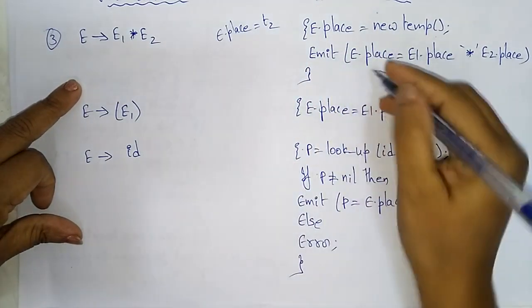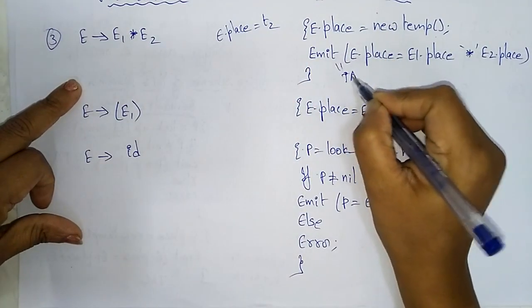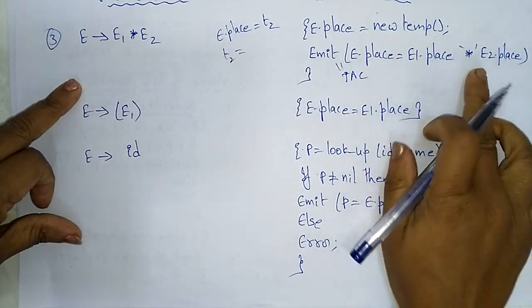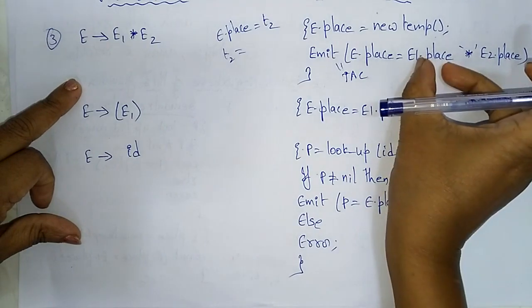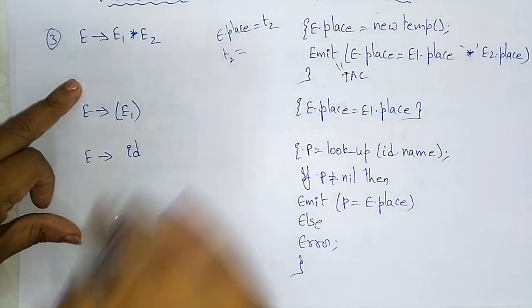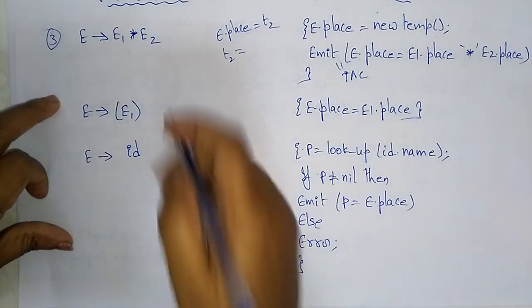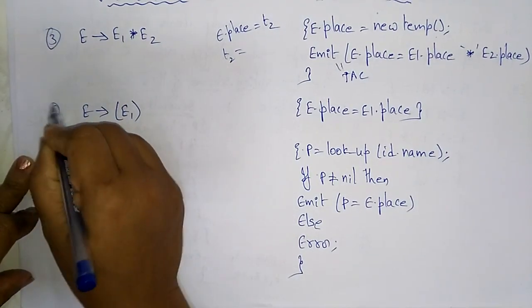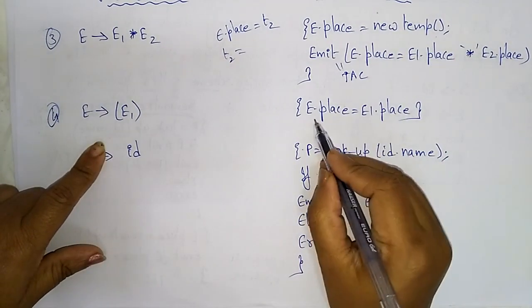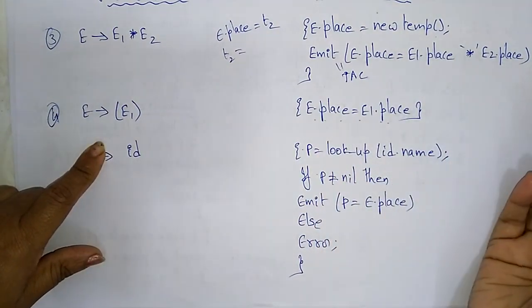Now we generate a three address code: T2 equal to E1 dot place into E2 dot place. Whatever values are present for E1 dot place and E2 dot place will be assigned to the temporary variable. That is production number 3. Now the fourth is E determines E1 within parentheses. Just assign E dot place equal to E1 dot place.